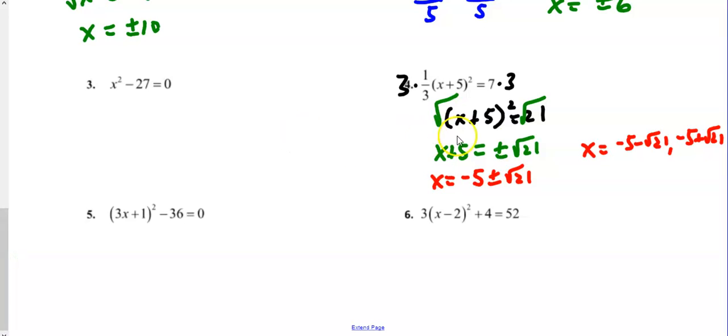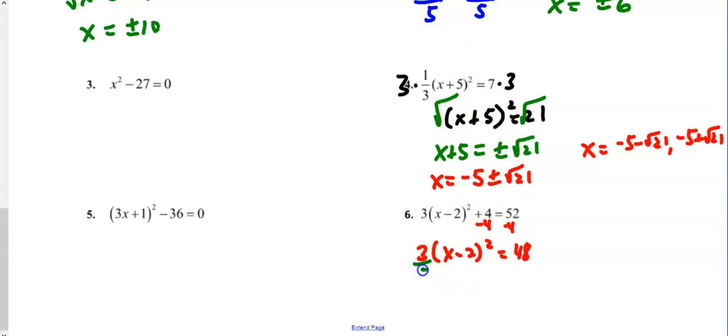So let's go through number 6 again, because we're going to isolate that quantity squared, so we're going to subtract 4 and get 3 times x minus 2 squared equals 48.